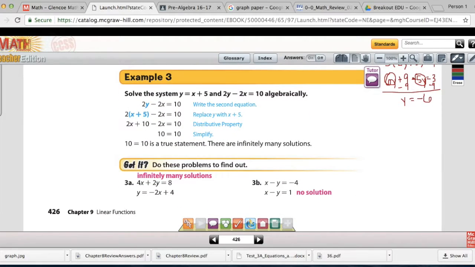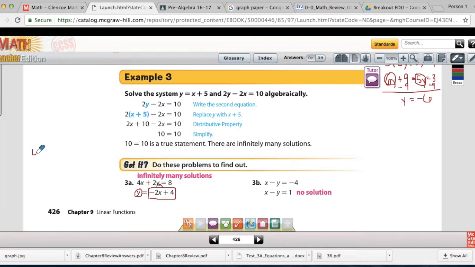For example 3, you're also solving a system of equations algebraically. Again, you're looking for a singleton variable and what that equals, because then you can plug in whatever that equals into the other equation for that variable. And so in 3a, we have y equals negative 2x plus 4.